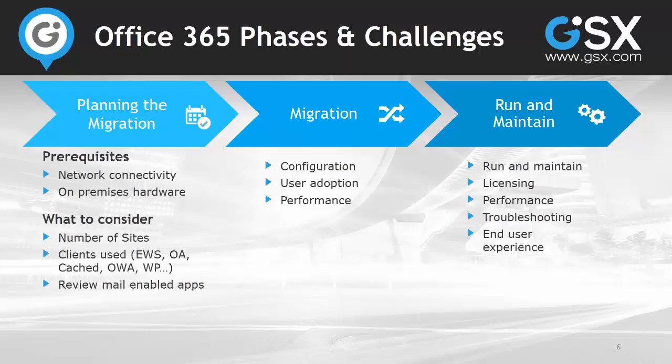Calculating the bandwidth depends on parameters such as the number of sites, number of clients, and what kind of use they're making of the service. For example, what kind of clients they're going to use, their phone, their Outlook on desktop, what protocols you have enabled, and the apps that would be enabled and generating traffic. So really important to look at those different metrics.